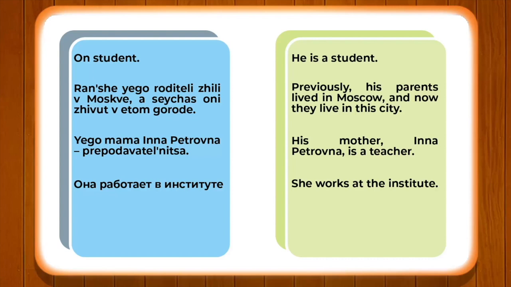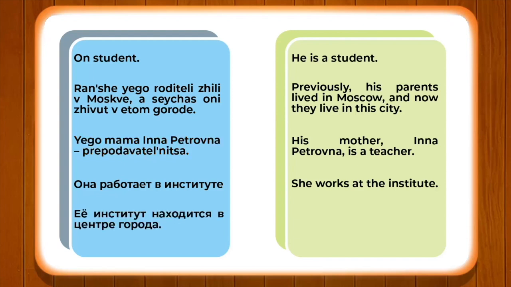But преподавательница we normally find in college or in a university. So if you want to make a construction, она работает в школе, for example, then it has to be учительница. Его мама Инна Петровна, она учительница, она работает в школе. So like this, so that there is an exact meaning and the construction of a sentence is technically correct.